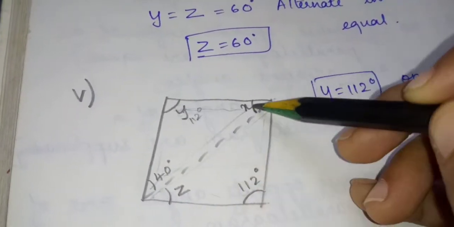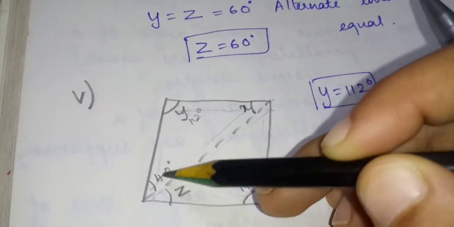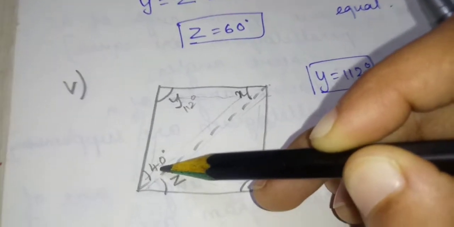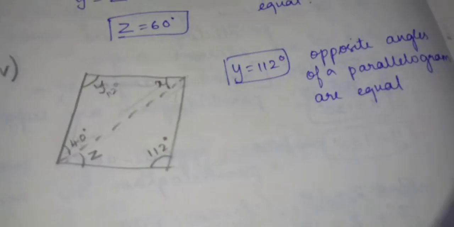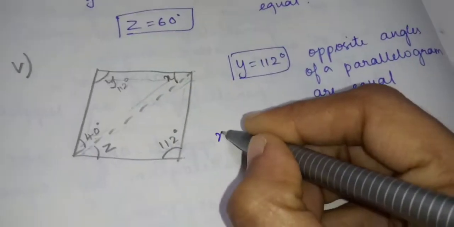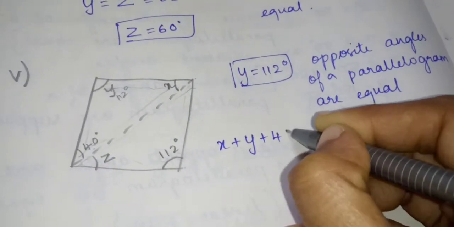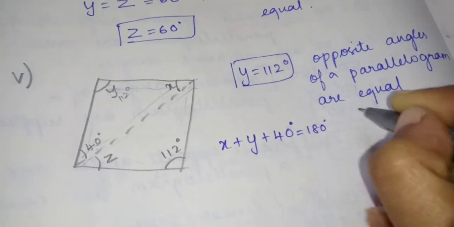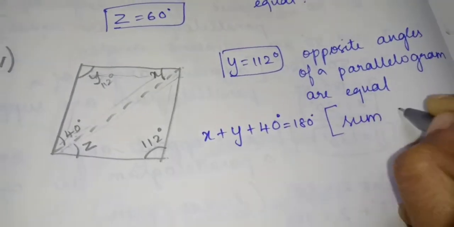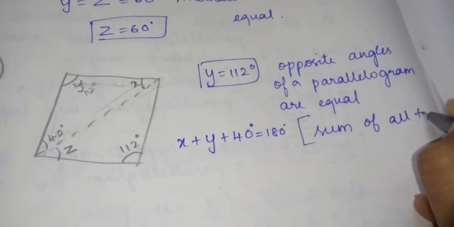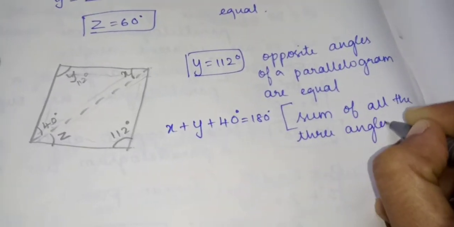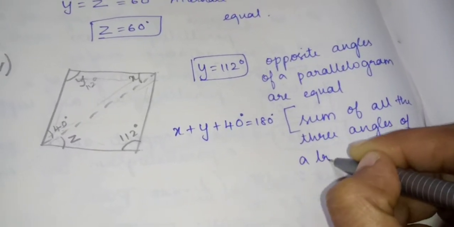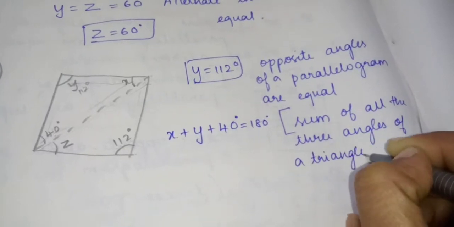From this triangle I am adding x plus y plus 40 equal to 180 degrees.